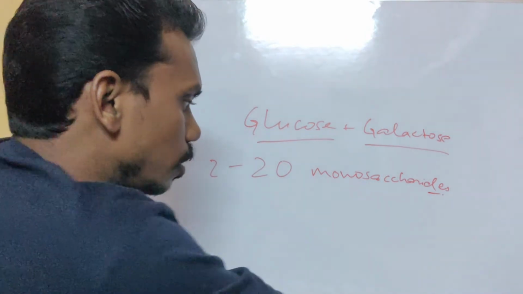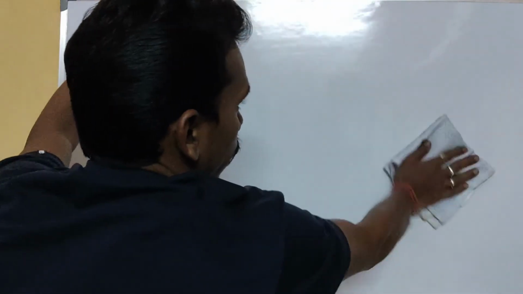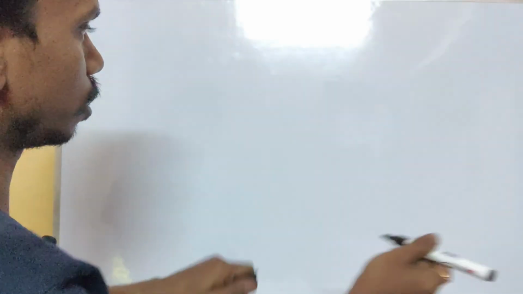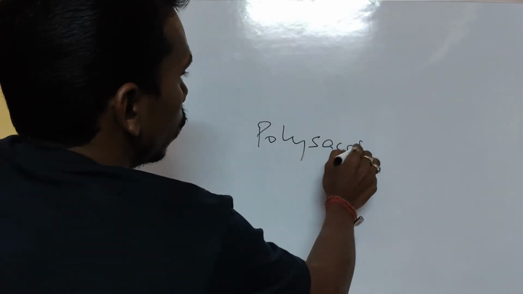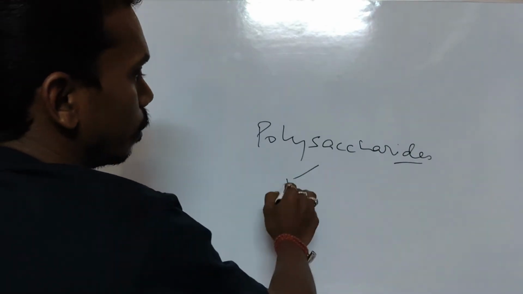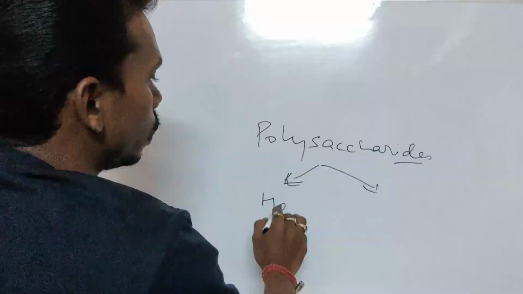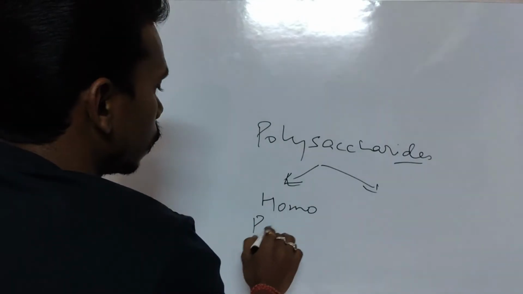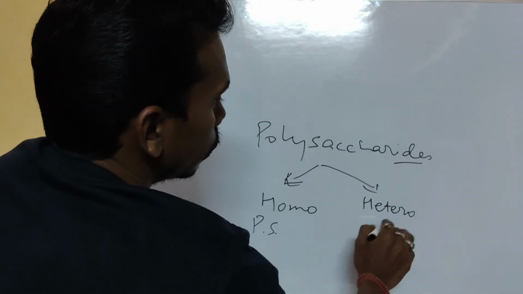If we jump to the polysaccharides, then we'll see some other things. Polysaccharides: one is homopolysaccharides and another one is heteropolysaccharides.